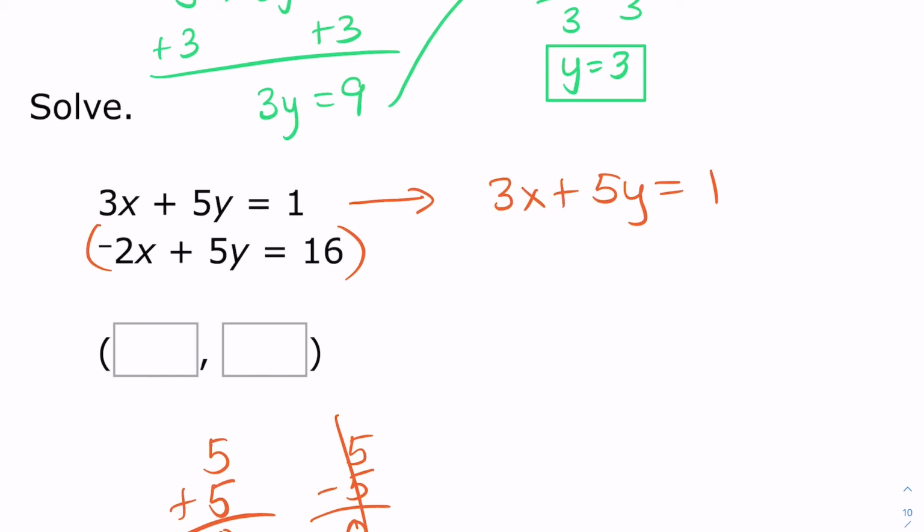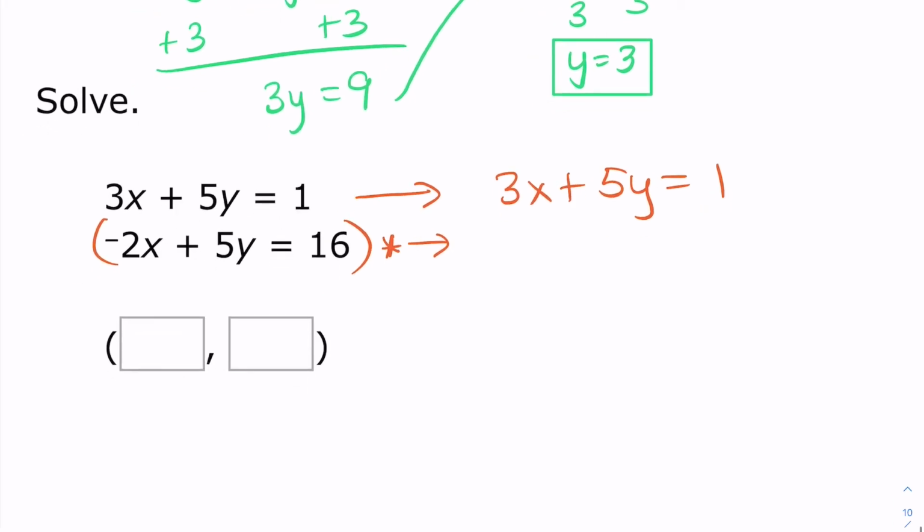Well, how do I make a positive and negative? Oh, you can multiply it by negative 1, right? I can't just multiply one thing by negative 1. I have to multiply everything by negative 1. Okay, so I'm going to do negative 1 times all of that, and I'm going to rewrite this line.